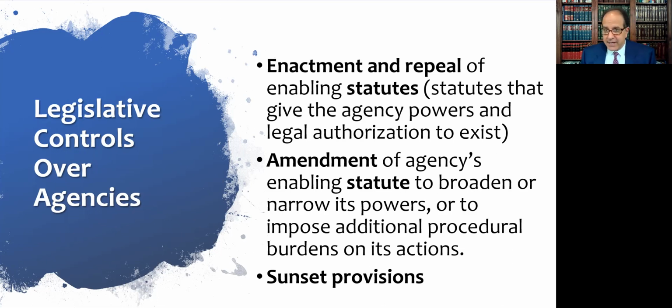On the other hand, if the agency has become very politically controversial, but neither side is sure they can get the votes to, let's say, repeal or amend their statute, or they're worried that it will backfire politically when they run for re-election, everybody can just decide to do nothing and let the agency expire.